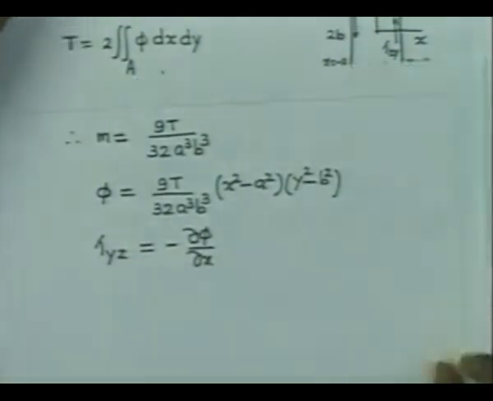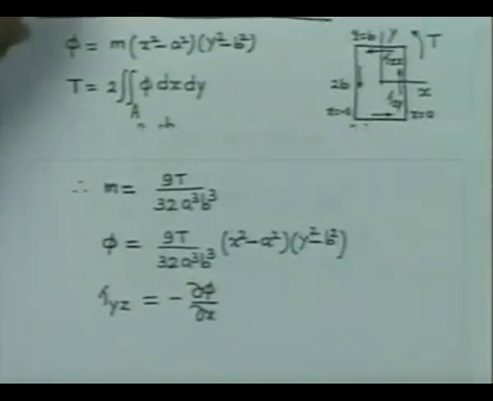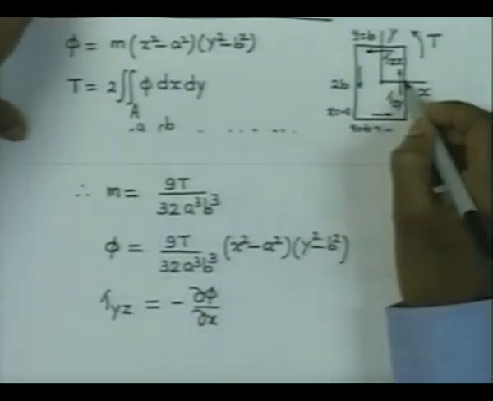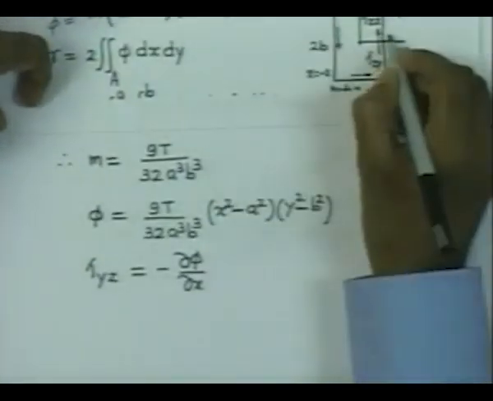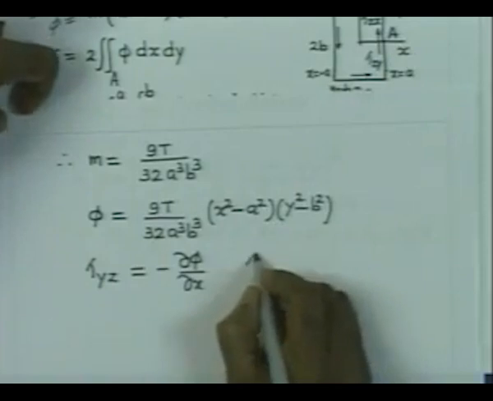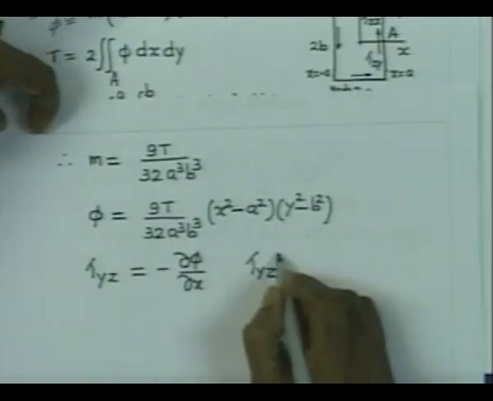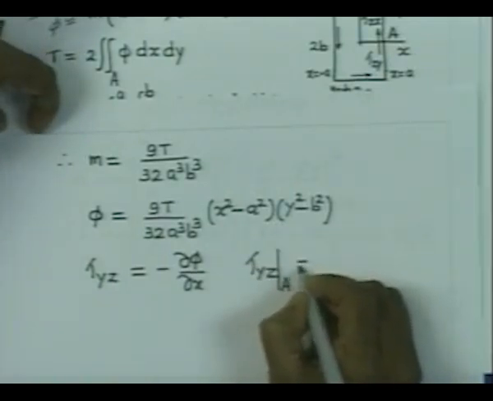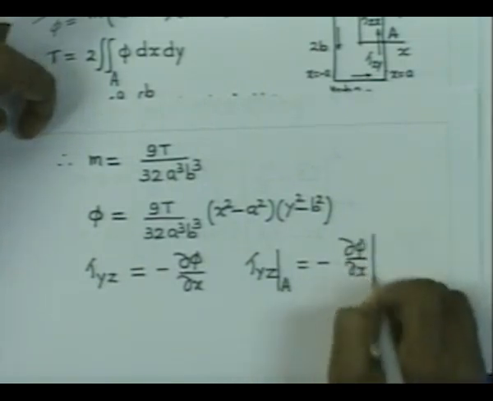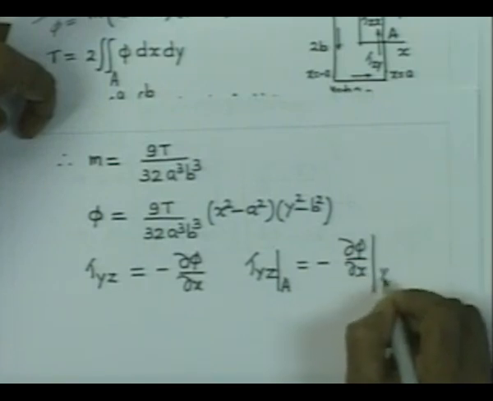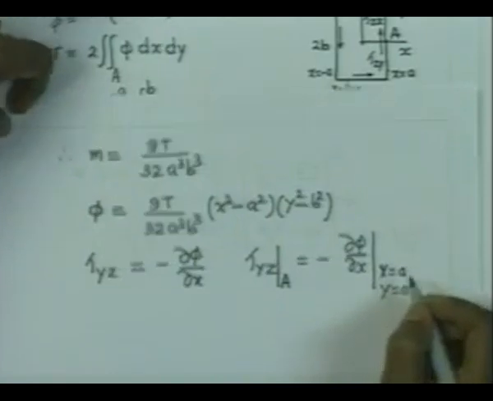We are interested in calculating this stress at the end of the x axis, which is nothing but x is equal to a, y equal to 0. So, if we indicate this point as A, tau yz at point A is delta phi by delta x for x equal to a, y equal to 0.